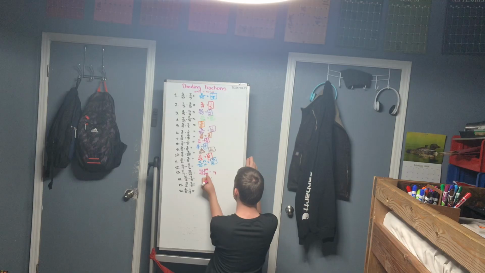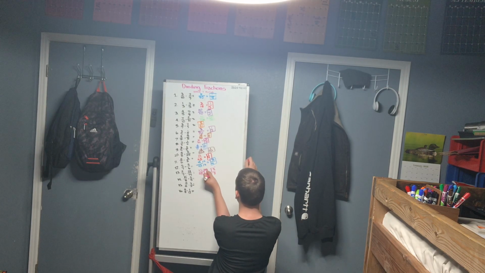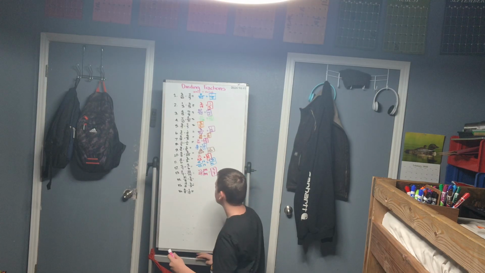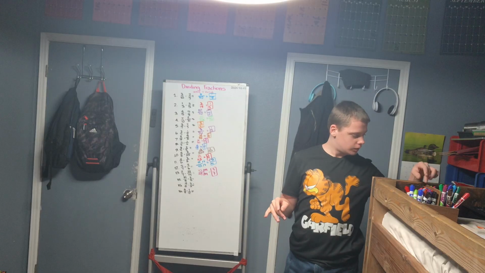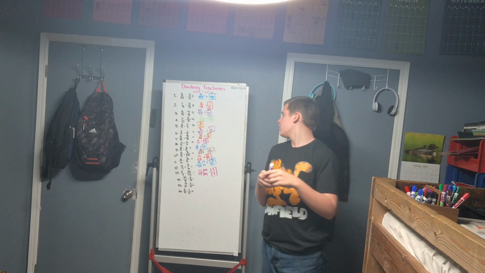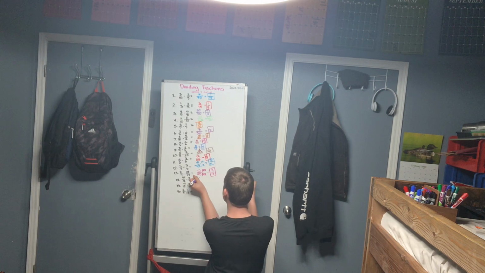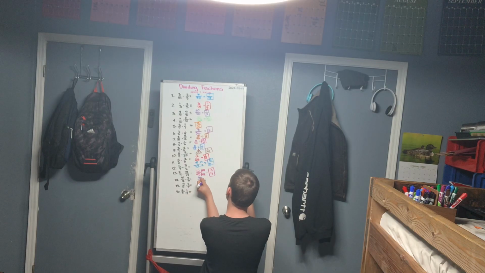It'll be 3 over 7. Number 14. 15 times 2 is 30. And 4 times 5 is 40. 30 over 40. Which means it's 3 over 4.